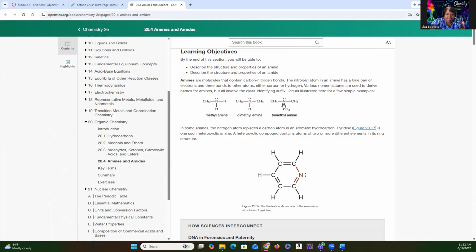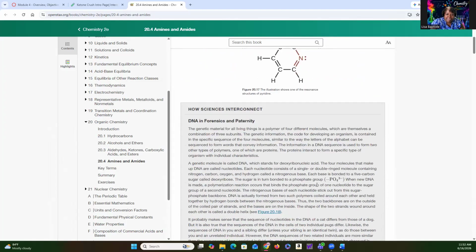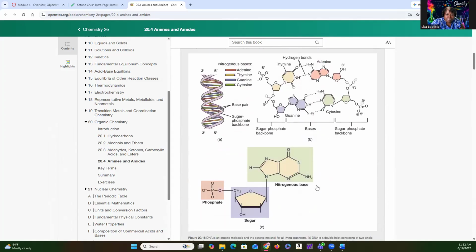Characteristic in an amine also has that nitrogen with the lone pair. So it only wants to be bound to three other substances. So we're going to have that lone pair there. And then you can see here where we have a cyclic group, a cyclic amine. All right. And so those are some examples of your amines.